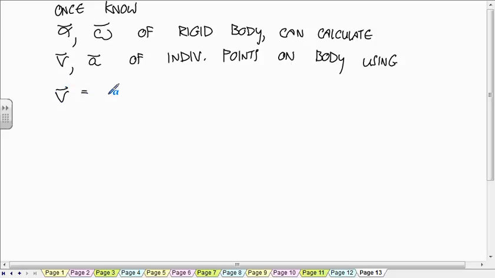Velocity is equal to omega cross r, and acceleration is equal to alpha cross r plus omega cross omega cross r.